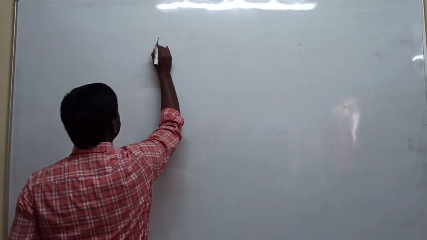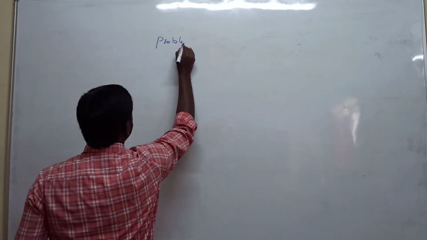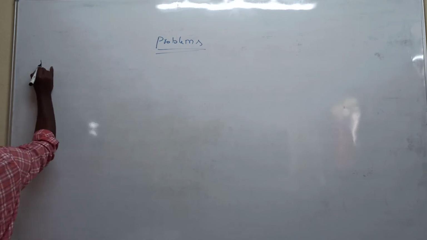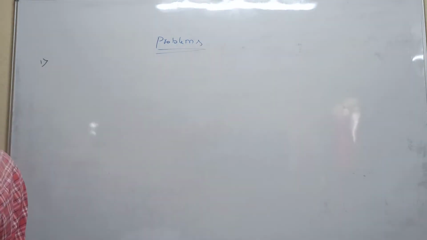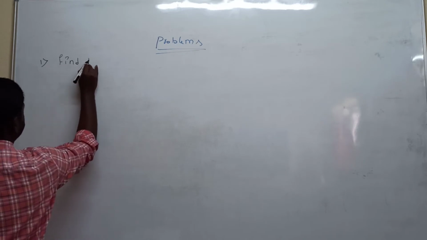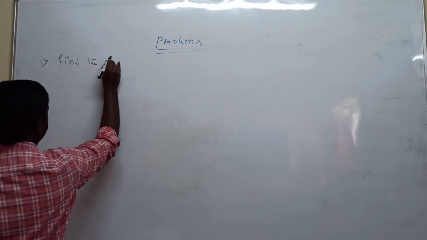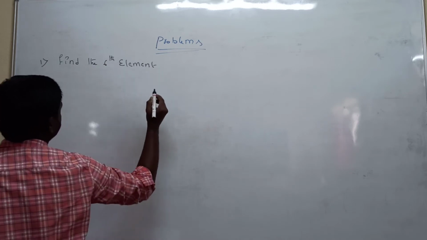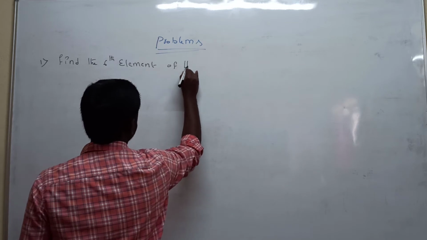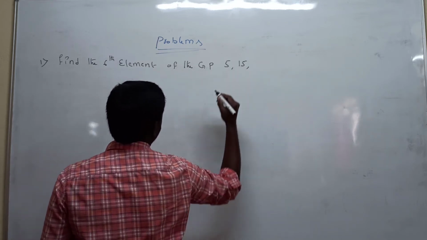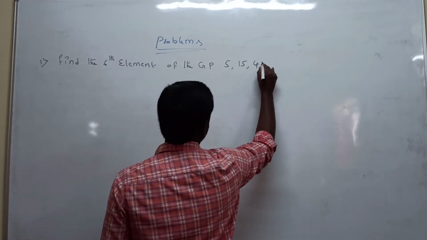Now we are going to the problems. Very easy, and important problems also. First question: find the sixth element, or sixth term, of the geometric progression 5, 15, 45, and so on.